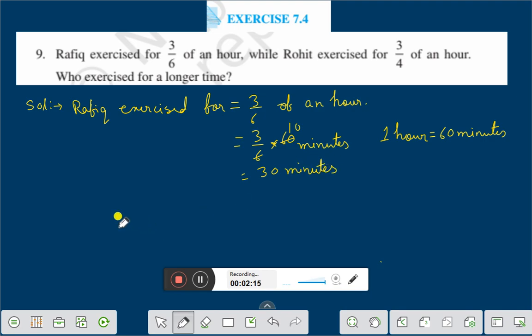Now, Rohit exercised for 3 by 4 of an hour.